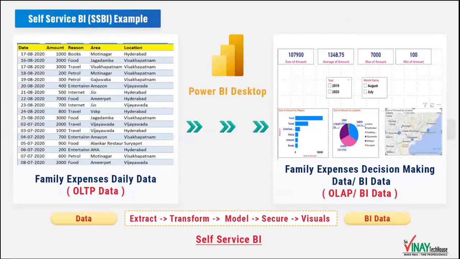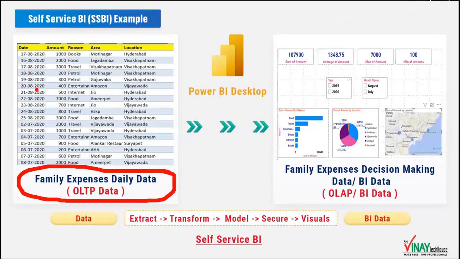Let me show. This is your data. Some family expenses data, my daily spending is available here. Date-wise, amount, reason, area, location. And this data I want to convert like this.